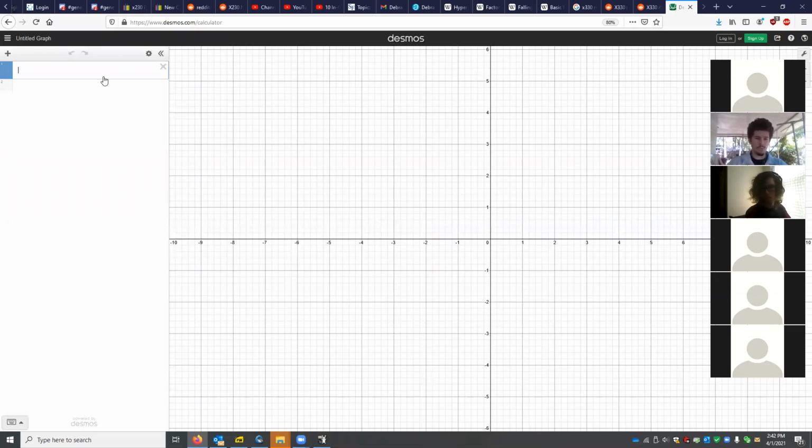So this is 1 minus pi squared over 2 factorial. Any clues?